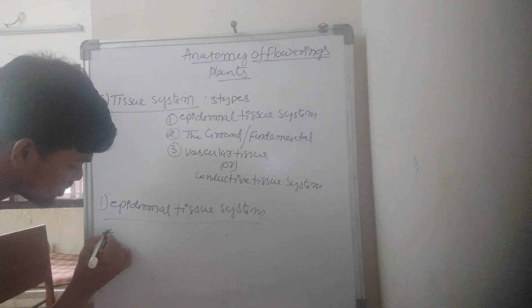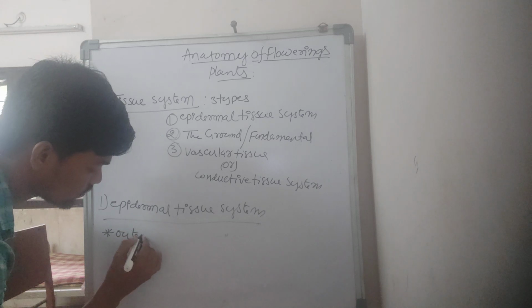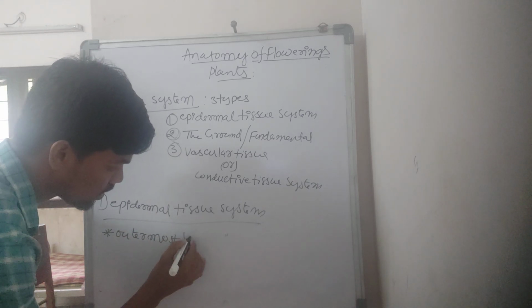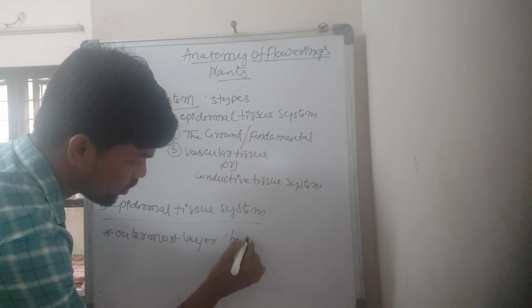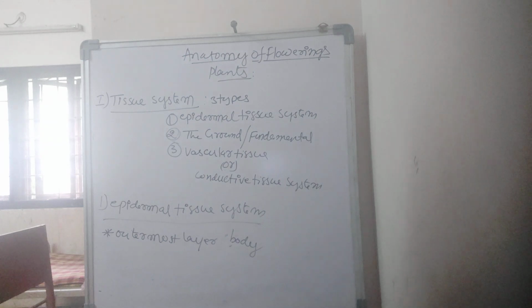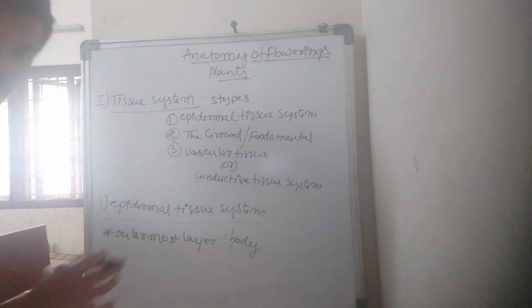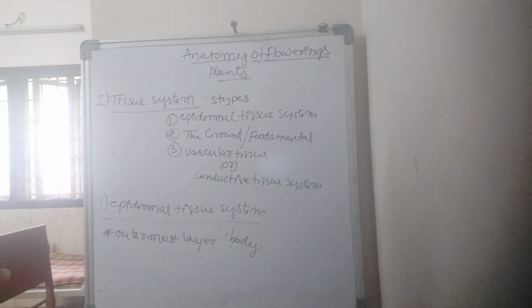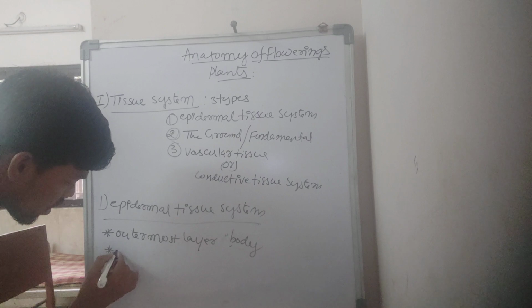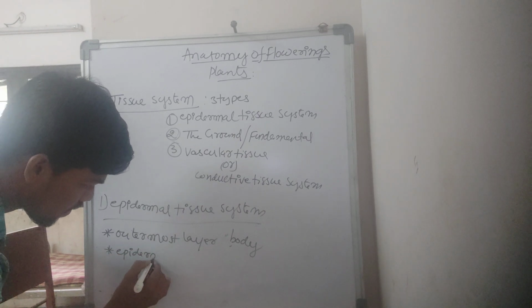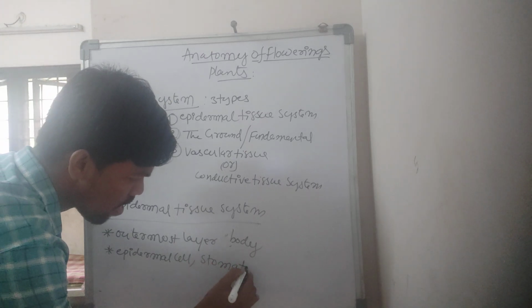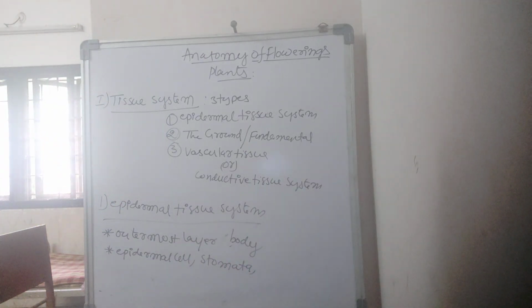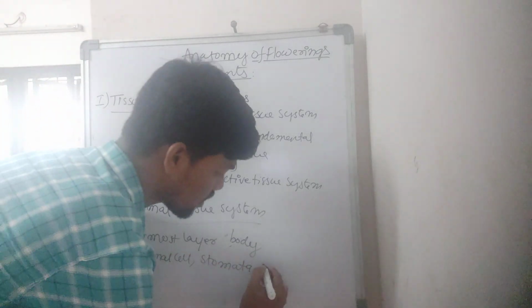Epidermal tissue is the outermost layer of the body. You know that. The epidermal tissue system comprises epidermal cells, stomata, and epidermal appendages.